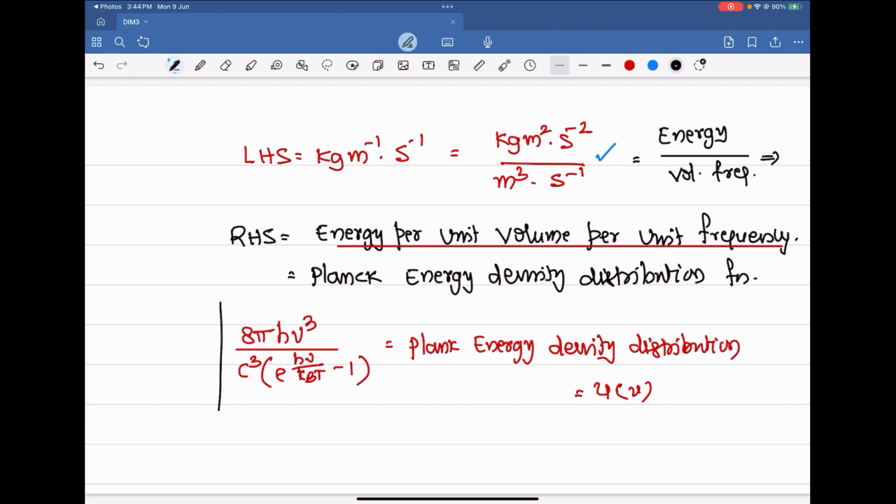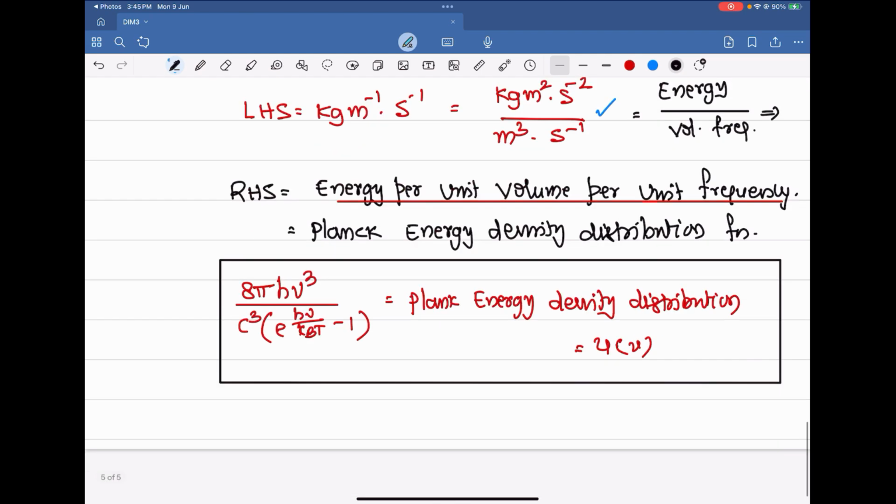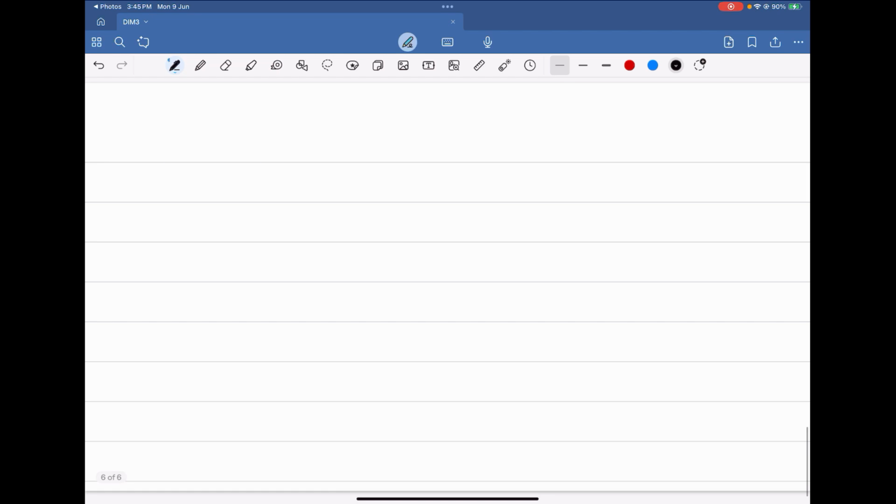Ultimately, from dimensional analysis, we have defined a quantity called Planck energy density distribution depending upon the frequency, that is u. Hence, the answer is the units for Planck energy distribution. Please remember this.